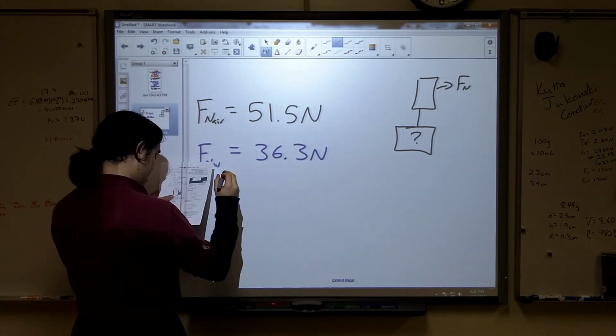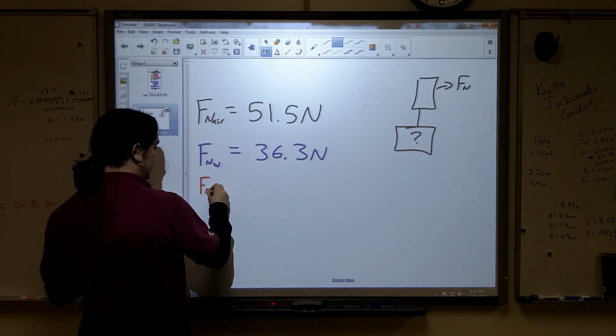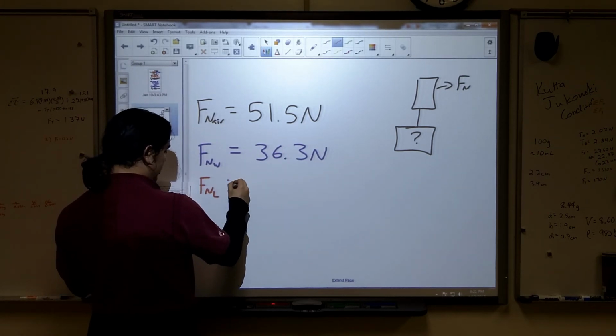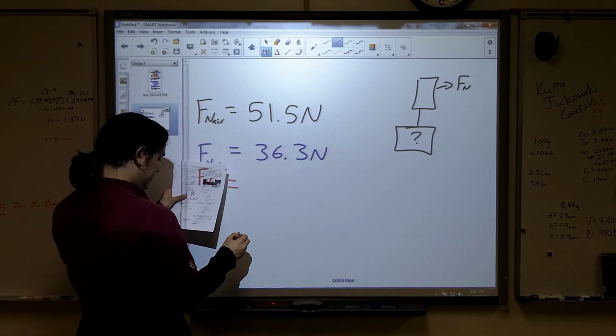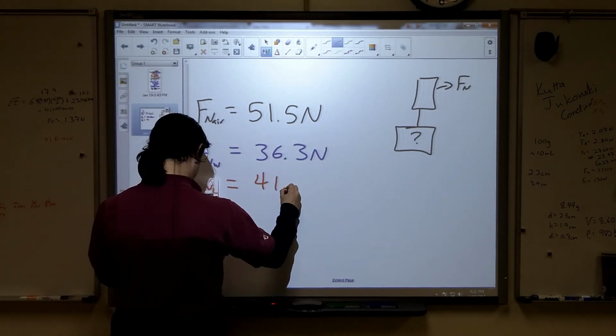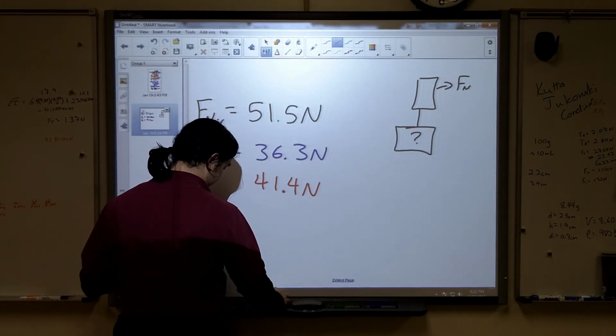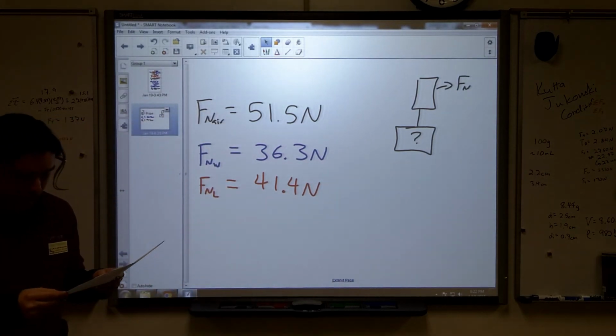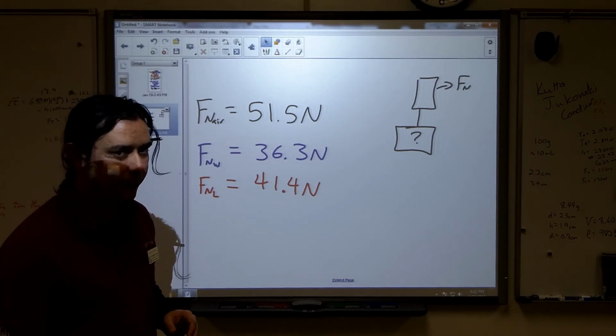And finally, the normal force, the weight, in an unknown liquid, I'm just going to call that F_N,L for liquid, is 41.4 newtons. The first question is, find the density of the metal.